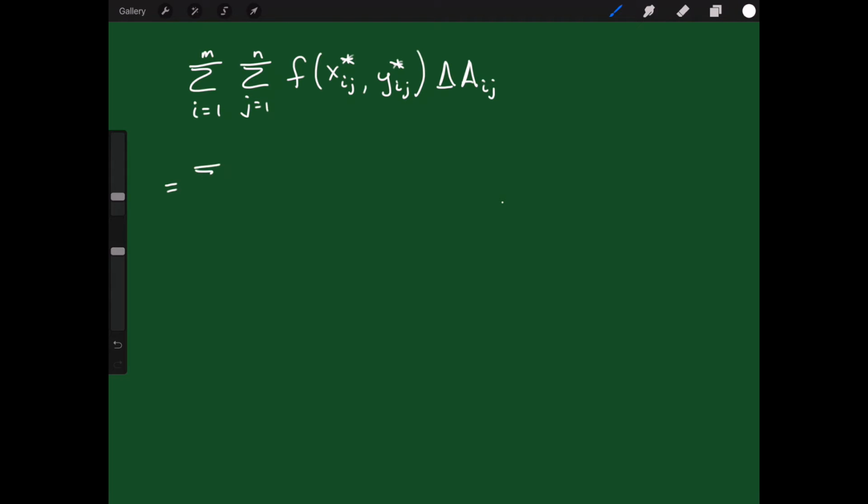So the summations, I have sum i going from 1 to m, sum j going from 1 to n of f of, well, x sub ij star. Well, what is that?